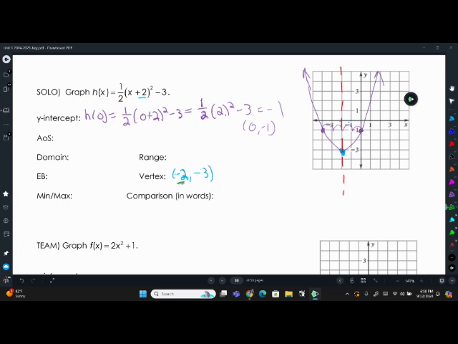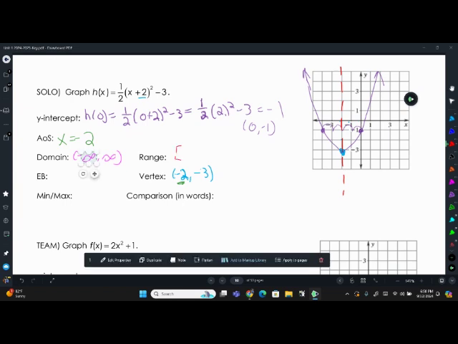Axis of symmetry is x equals negative 2. Domain is always negative infinity, infinity. Our range, this one's opened upward, so the smallest y value is negative 3, and we're going up to positive infinity.